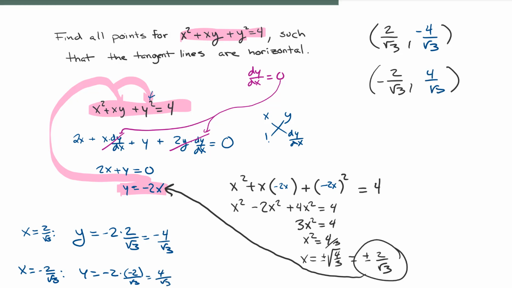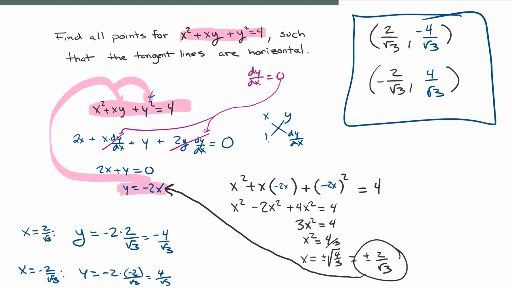There's our solution, our 2 different points, such that the tangent lines are horizontal, both the x and the y. So when you take a derivative, you set that thing equal to 0, then solve. That's where the tangent lines are horizontal.